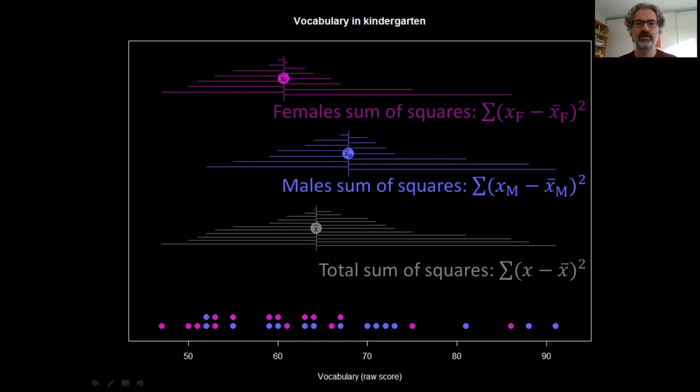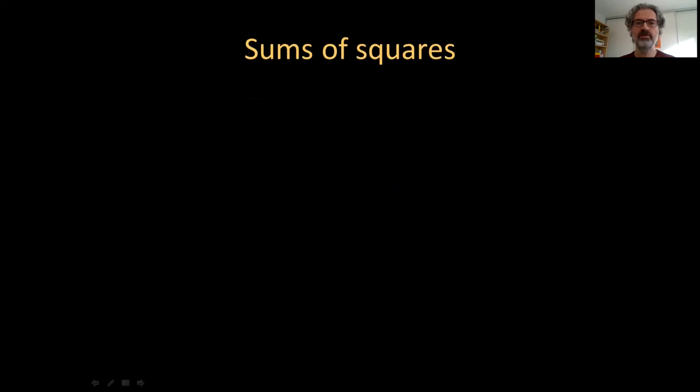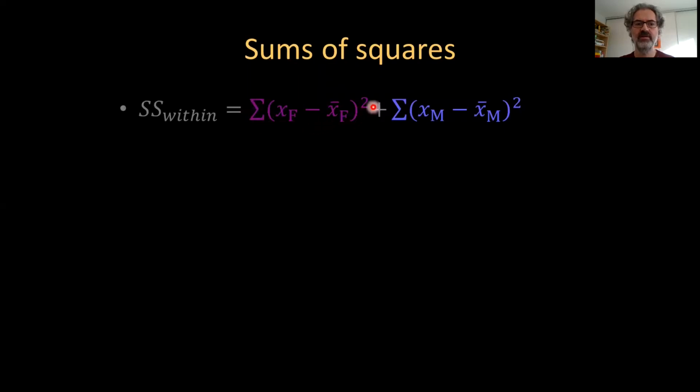Let's see how this works out if we add things up. Focusing on the sums of squares, one very important thing is the sum of squares within, which is the sum of the square distances from the group mean for both groups summed together.